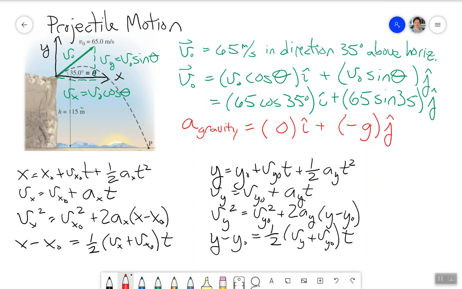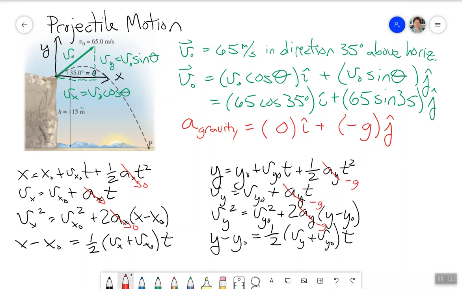So if I look at my kinematic equations, then every place I have an ax, that just goes to 0. Every place. And every place I have an ay, I'll just put a minus g in there.